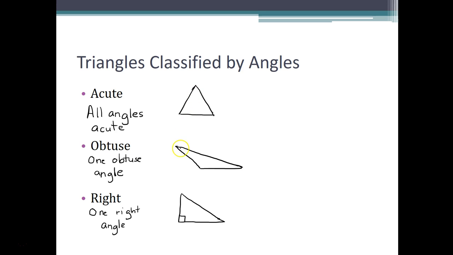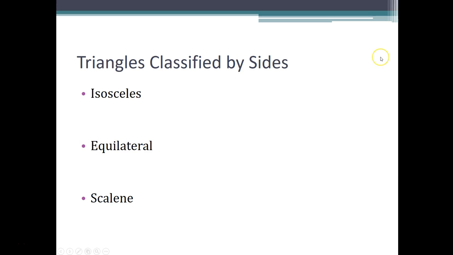Your smallest acute angle will be opposite your smallest side. Like if you have small, medium, and large, small angle across from small side, medium angle across from medium side, large angle across from large side. It'll always work that way with these triangles. And if all 3 angles are the same, then all 3 sides will be the same too.